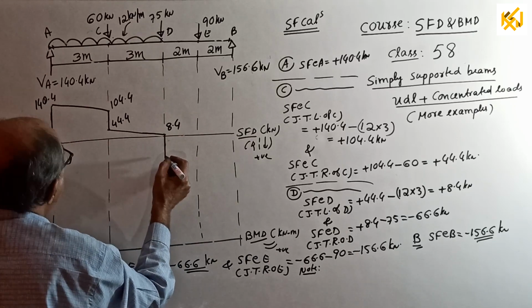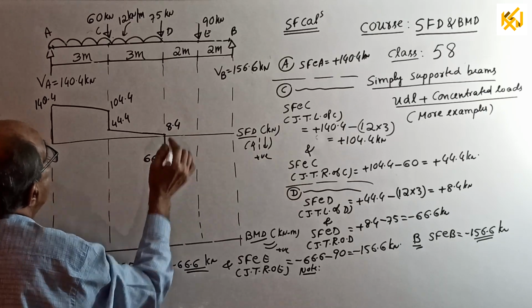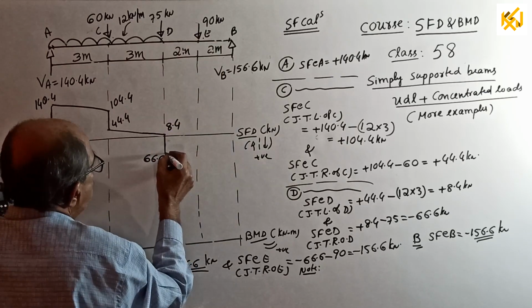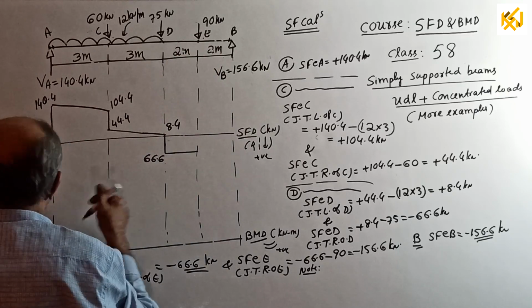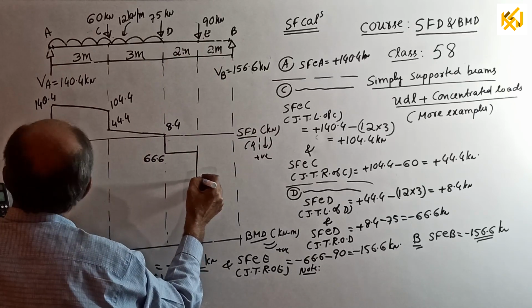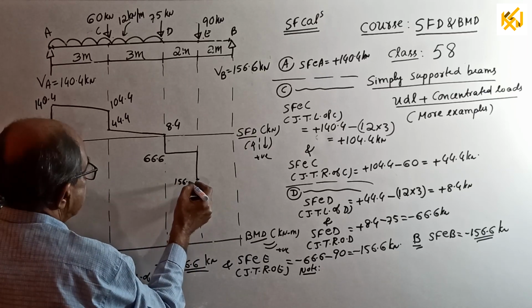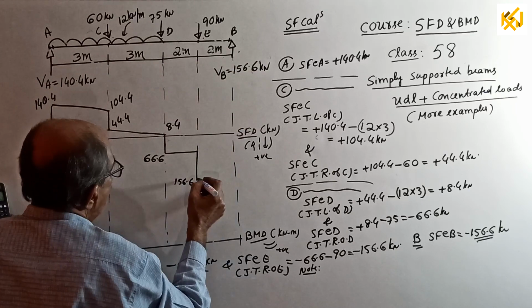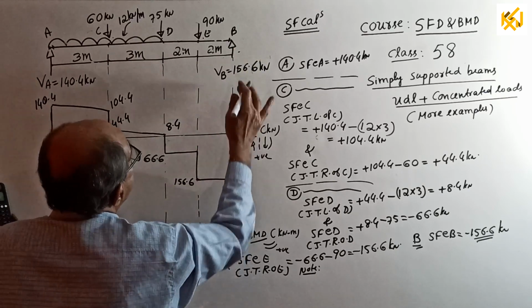How much? 66.6. Then from here to here, no load, go parallel to baseline. Down by 90, minus 90. 156.6 kilonewton. Then no load, go parallel to baseline. Lastly, go up by 156.6.